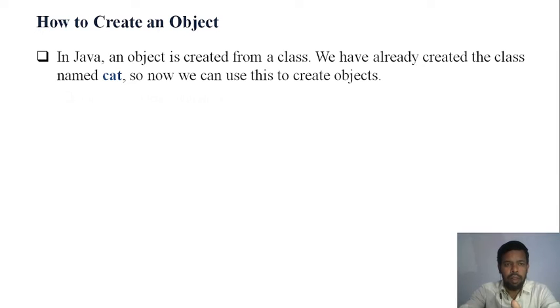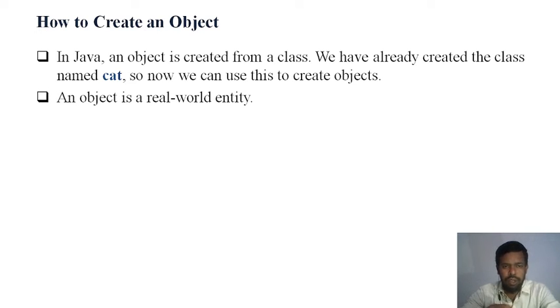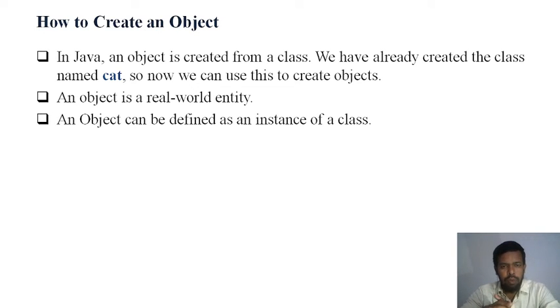Okay. Next, let's see the second point. An object is a real world entity. Next point, an object can be defined as an instance of a class. I already told before, the class contains any number of variables, any number of methods. They cannot be directly accessed.